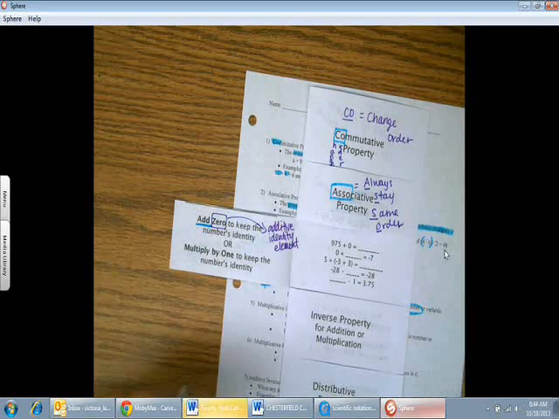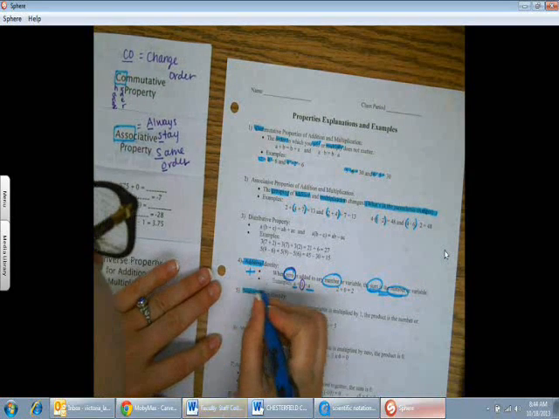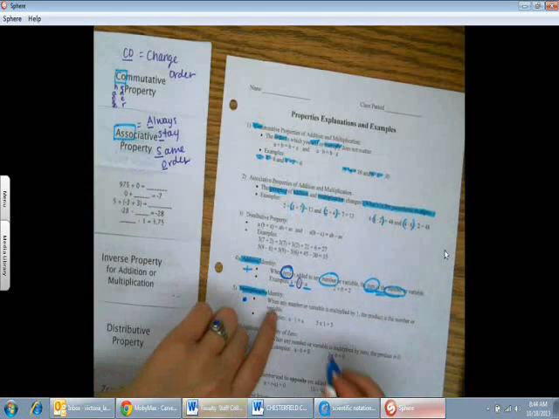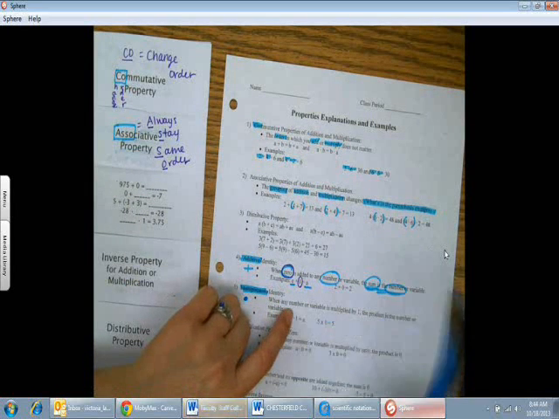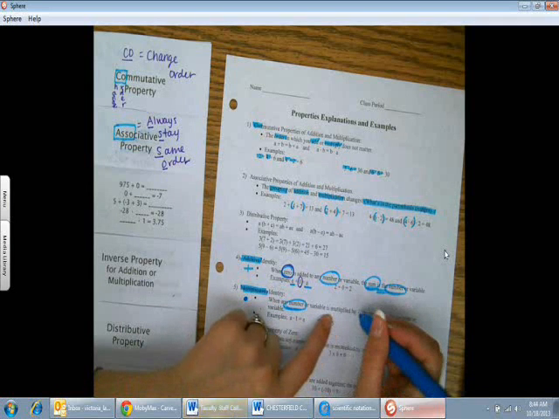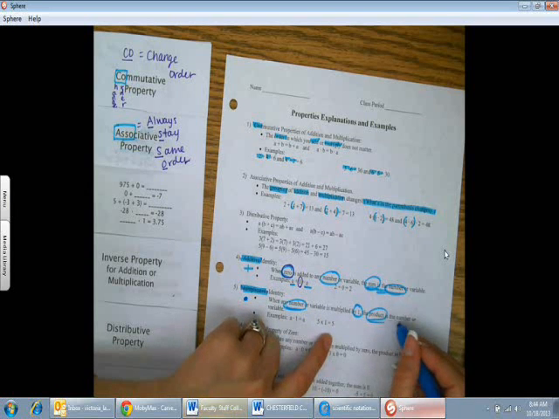Alright? So then over here, when you multiply, your multiplicative identity is when any number or variable is multiplied by 1, the product is the number.